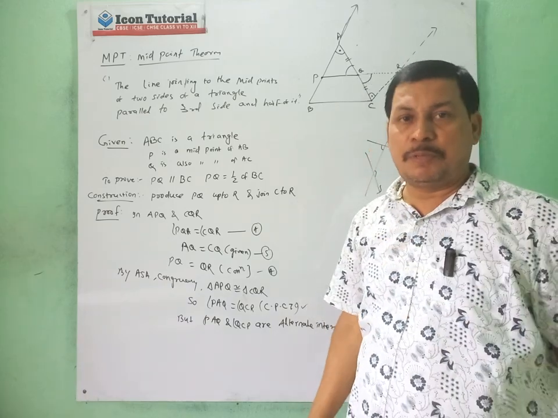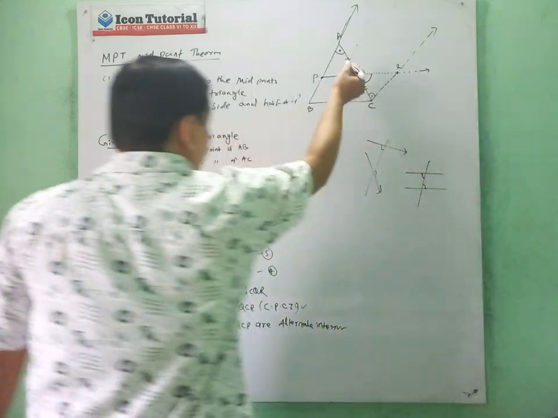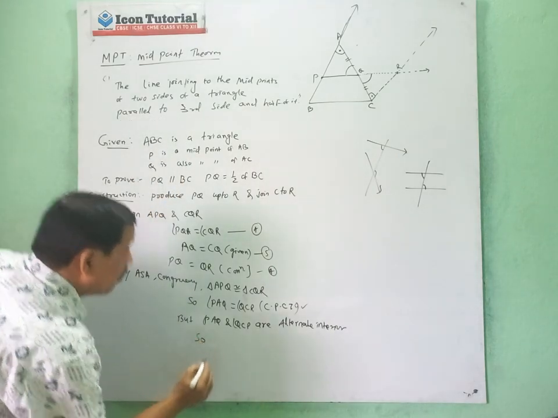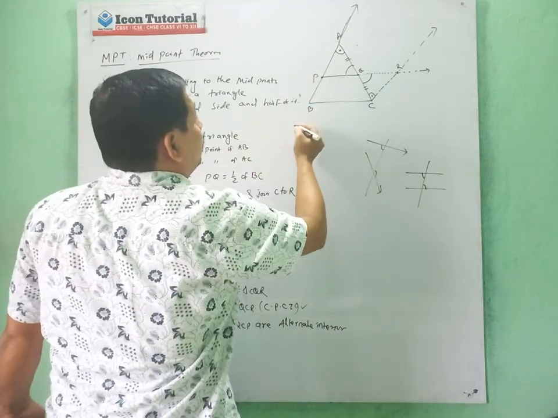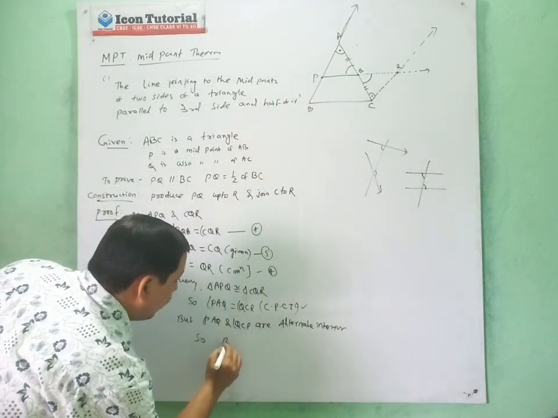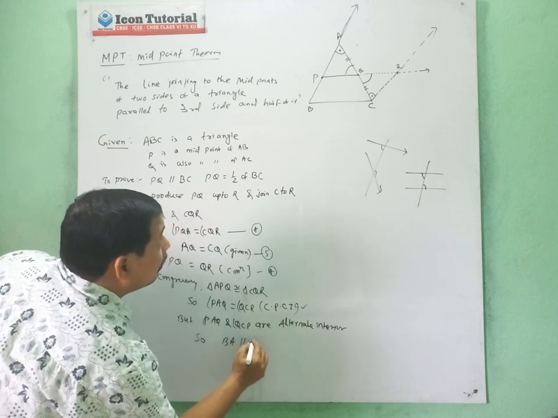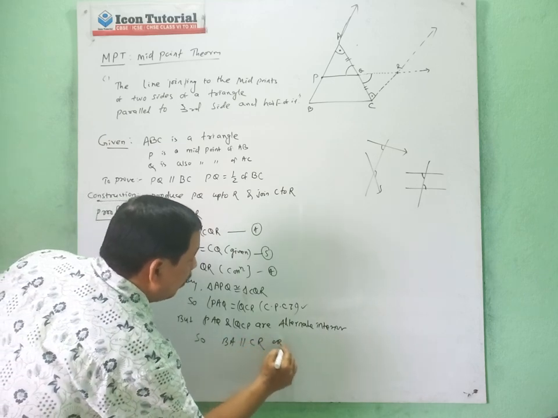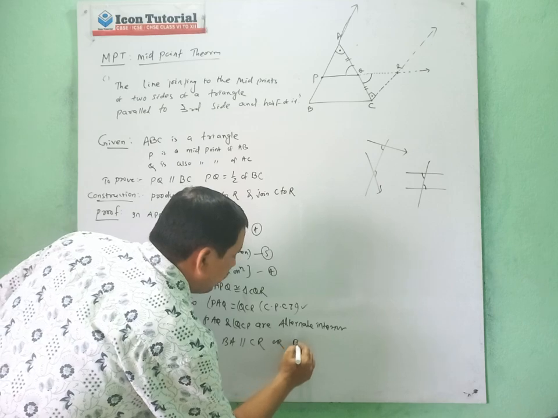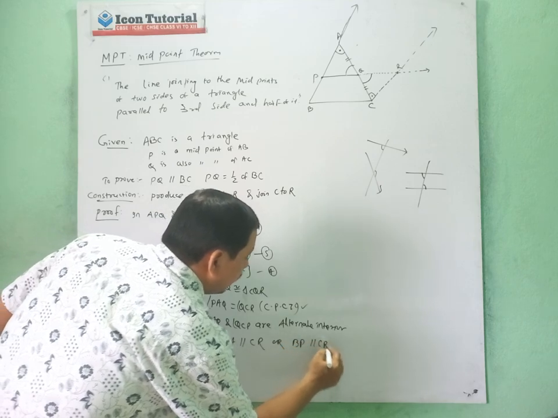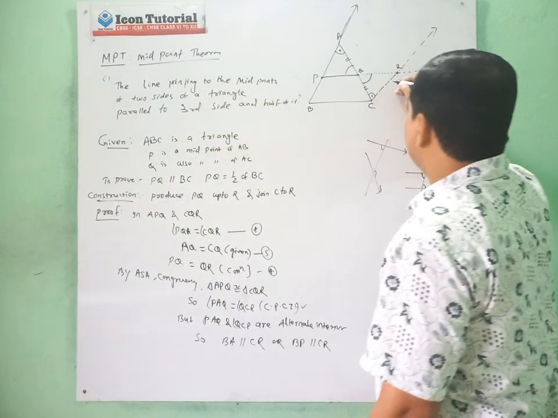That part also you have to remember. So here alternate angles are equal, that is why BA, or BP, is parallel to CR, clear? So BP is parallel to CR.